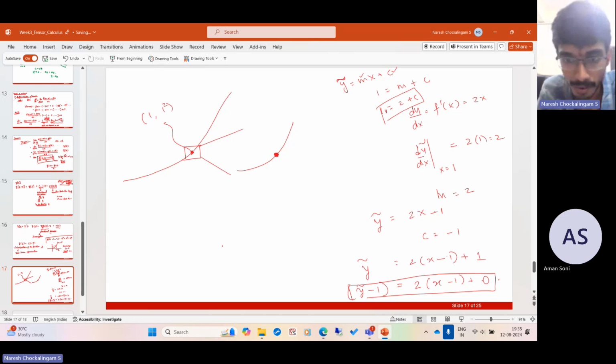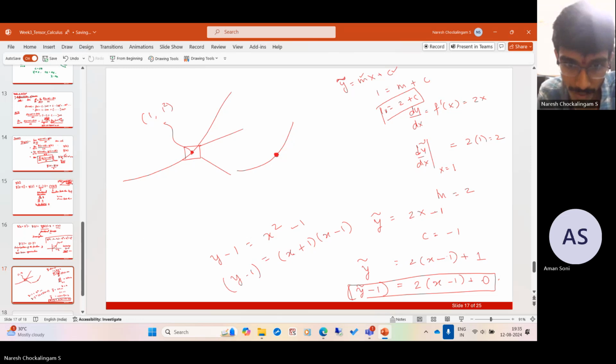What about y? Y is equal to x square, so y minus 1 is x square minus 1, which is nothing but x plus 1 into x minus 1. You're linearizing about the point x equal to 1.